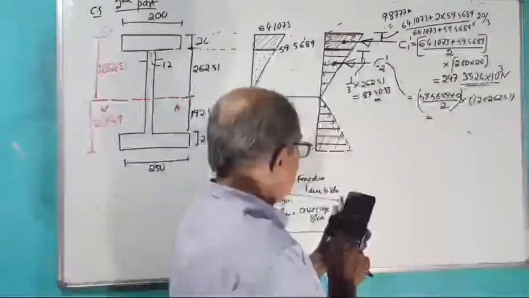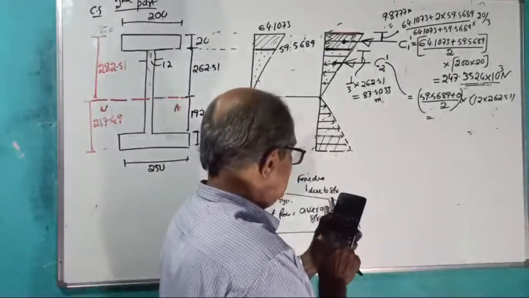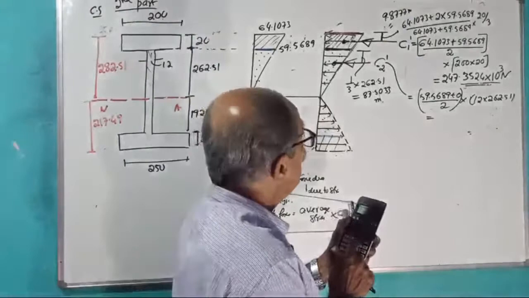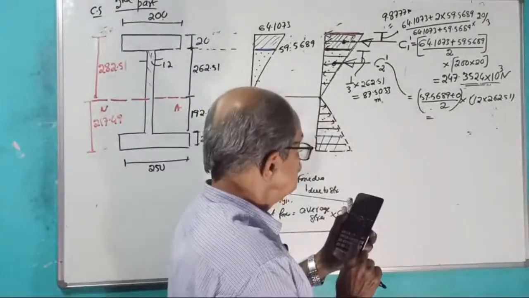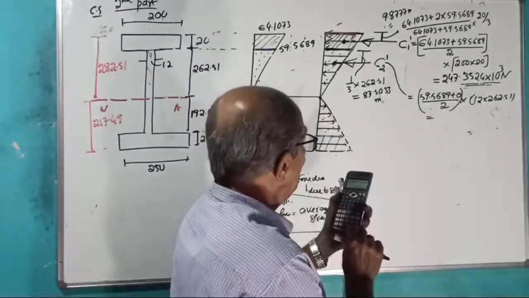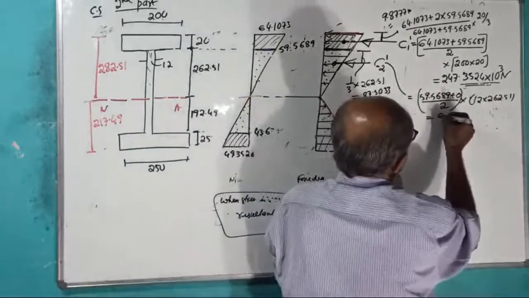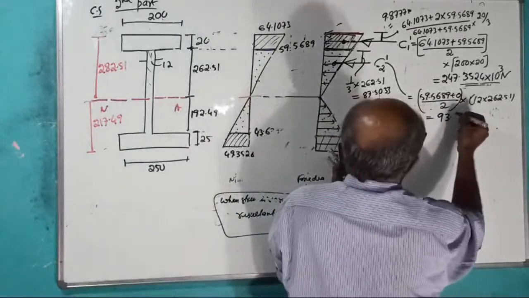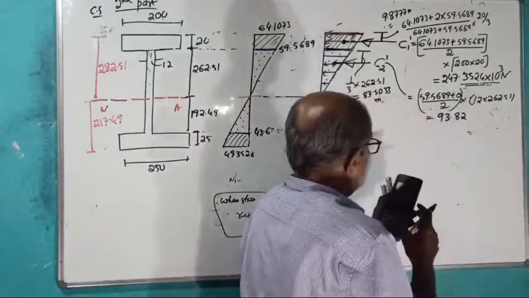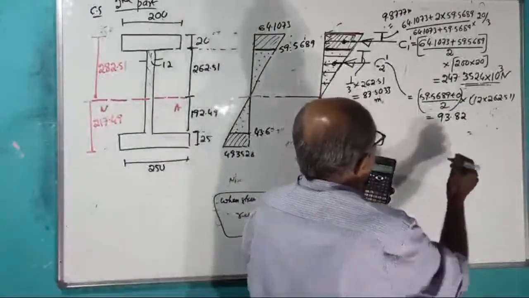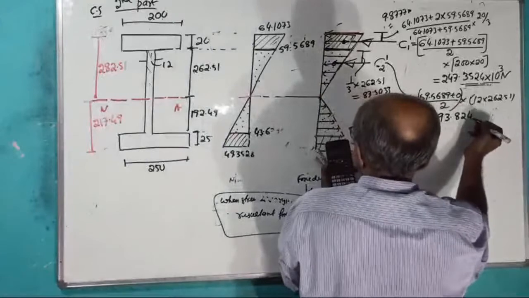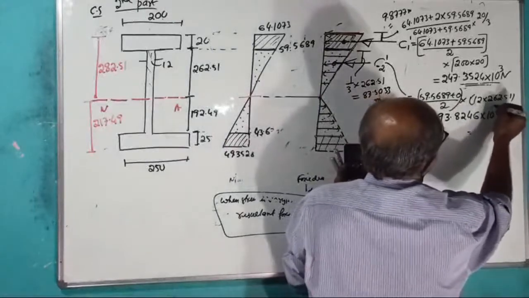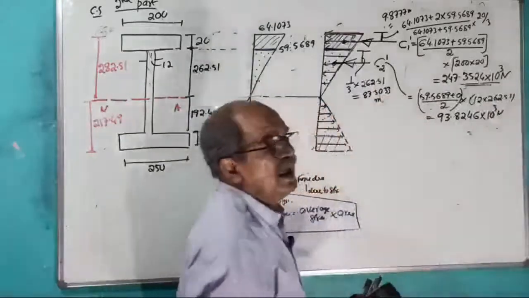Answer. .8246 times 10 to the power 3 Newton. Is it fully correct? Fast.